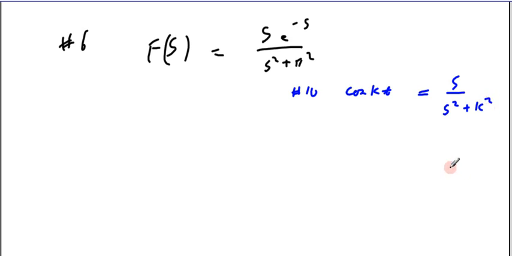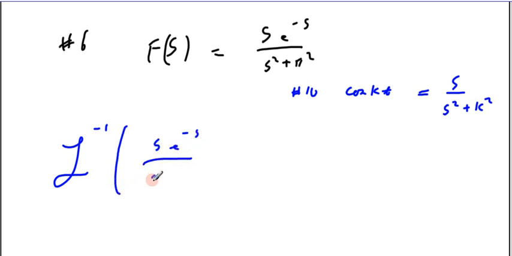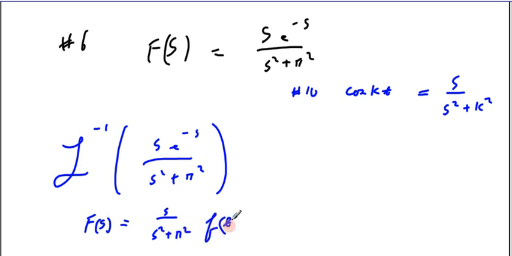Okay, so I'm going to look at the inverse Laplace transform of s e to the minus s divided by s squared plus pi squared. And I see that my f of s is s over s squared plus pi squared. So my f of t is going to be the cosine of pi t.